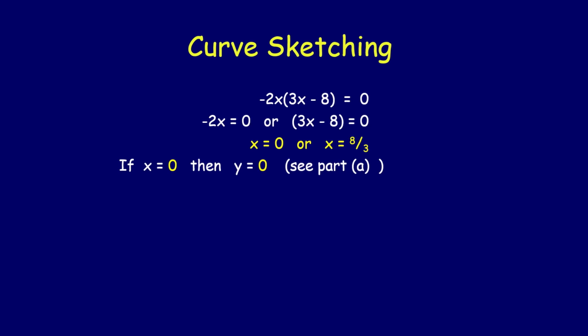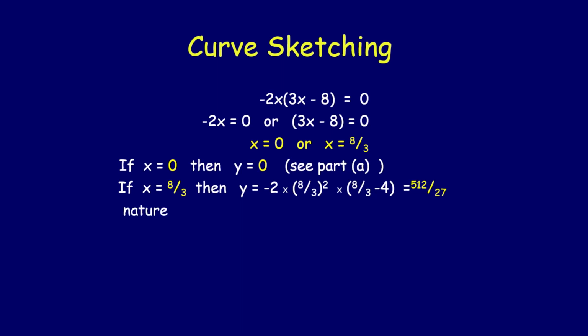Now we should get the corresponding y values. So when x equals 0, if you substitute in the function of the curve, y will be 0. If x equals 8 over 3, then you just substitute in that function of the curve, and you get 512 divided by 27.